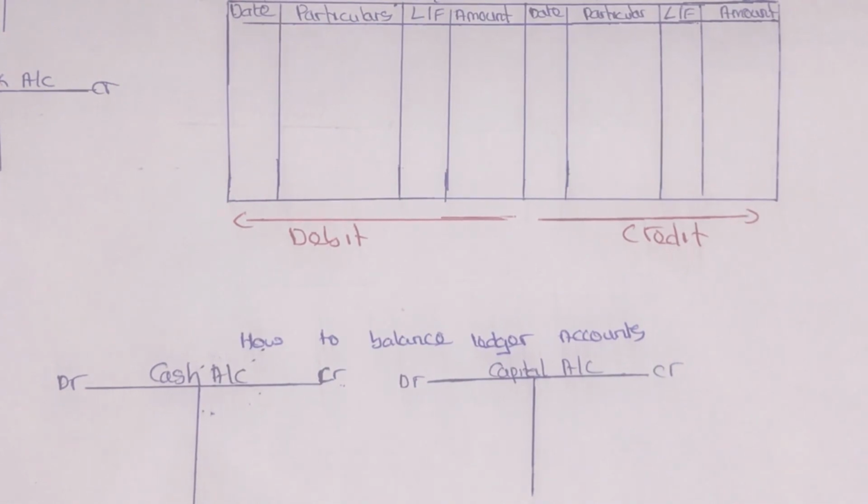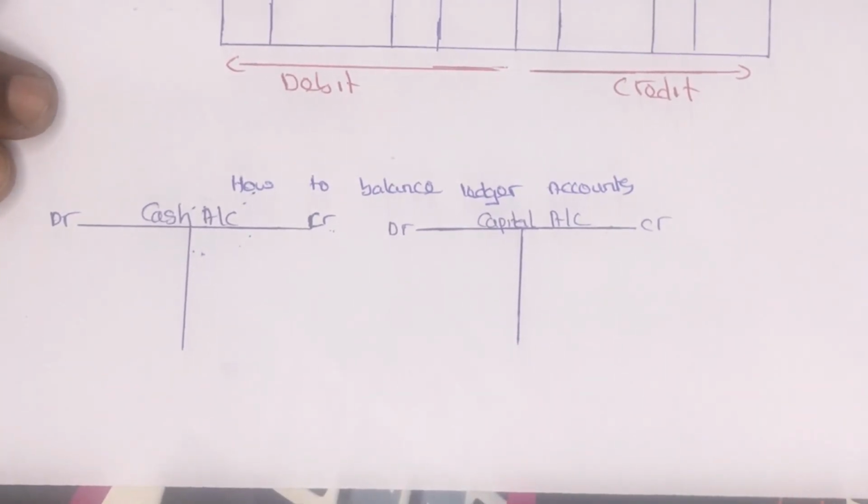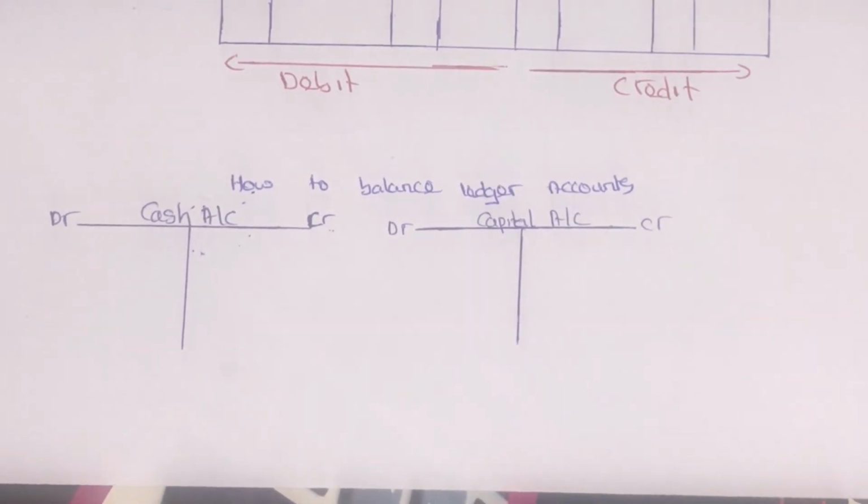So let's see how we can balance a ledger account. So I have taken one asset account and one liability account.